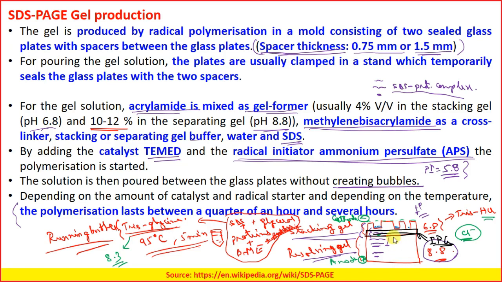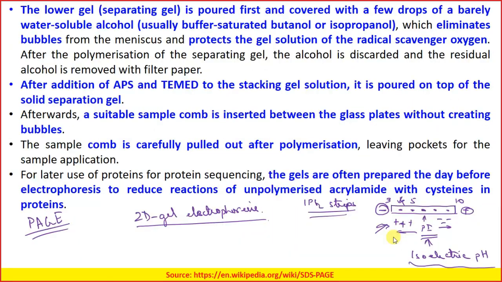So what is the advantage? Suppose you have two proteins of say 5 kDa. If you run the normal PAGE electrophoresis, you will not be able to separate them, because both have the same size and the same molecular weight.